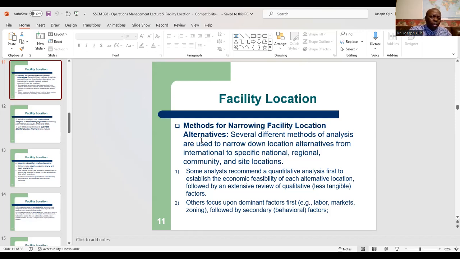So basically, the whole of this week, we're talking about facility location. And I mentioned earlier some of the methods to narrow down the location alternatives. There are several methods we can use to narrow down the location alternative for the organization affected, whether the location is national, international, or even regional, you can follow this approach.